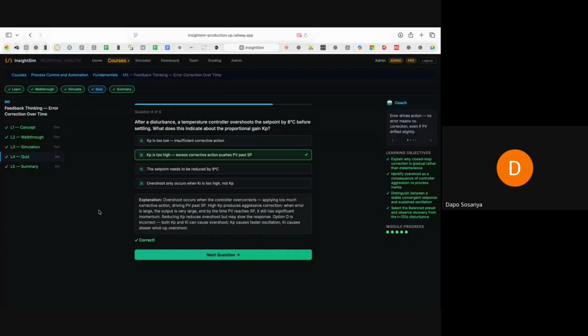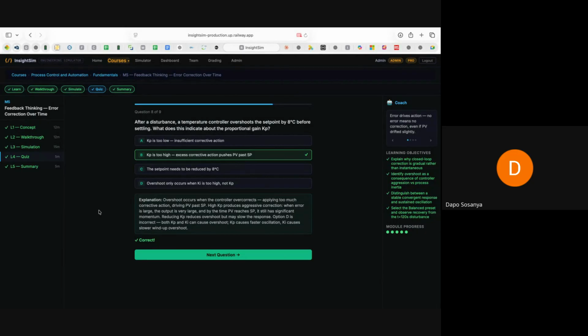The basic controller is actually the proportional controller. A proportional controller is described by the equation y equals mx plus c. That's the equation of a straight line.